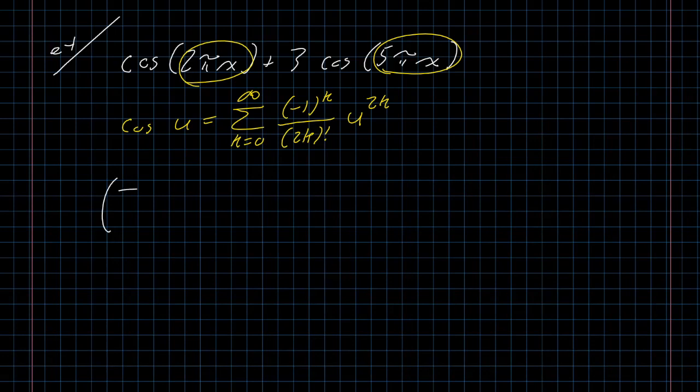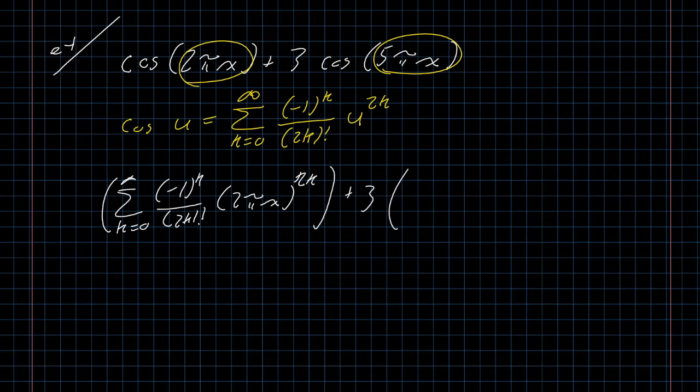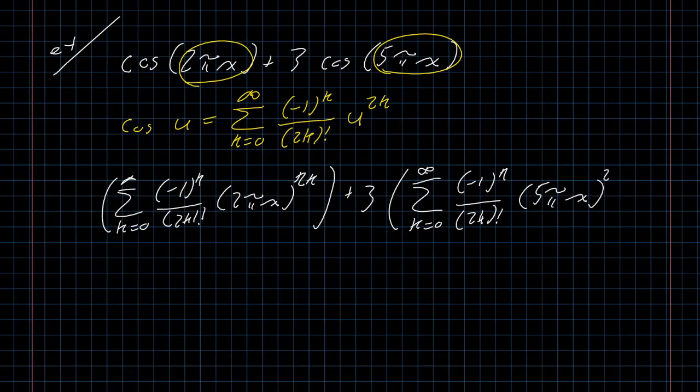Substituting in my particular cosines, where u is 2 pi x or where u is 5 pi x, I can write this as the sum, k goes from 0 to infinity, of -1 to the k over 2k factorial times 2 pi x to the 2k power, plus 3 times the sum, k goes from 0 to infinity, of -1 to the k over 2k factorial times 5 pi x to the 2k power, which is perfectly fine on its own, but we can do a little bit better.